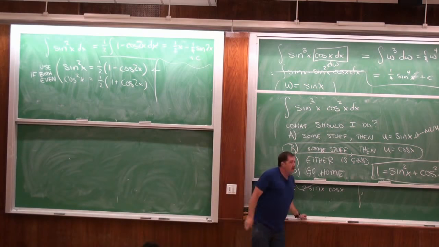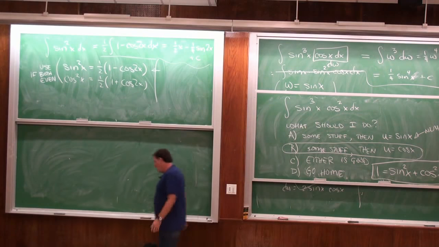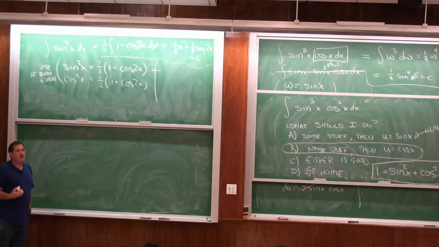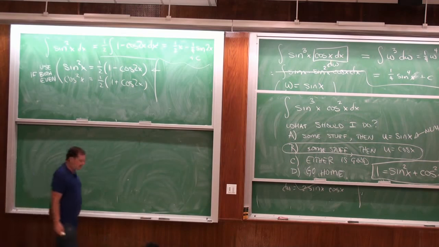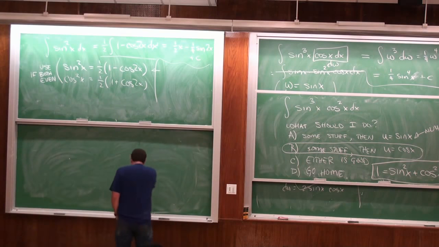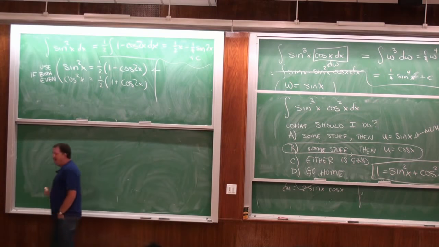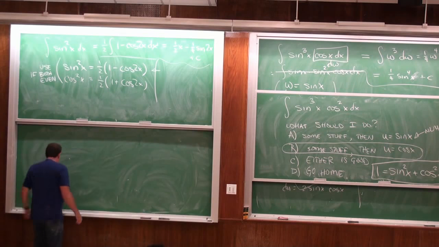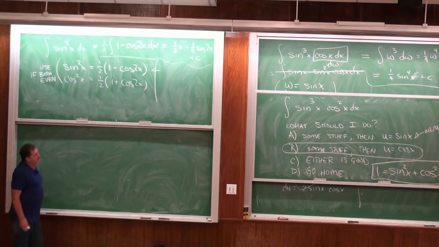Okay, so another thing that we can do. What I'm trying to do right now is just go through techniques that work for various types of integrals. So related to trig identities, we have this one, sine squared plus cosine squared equals 1. Well, I guess I can use that.